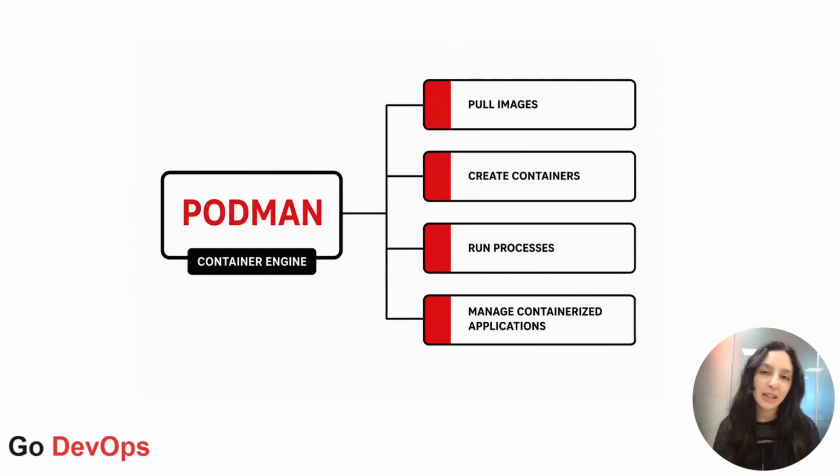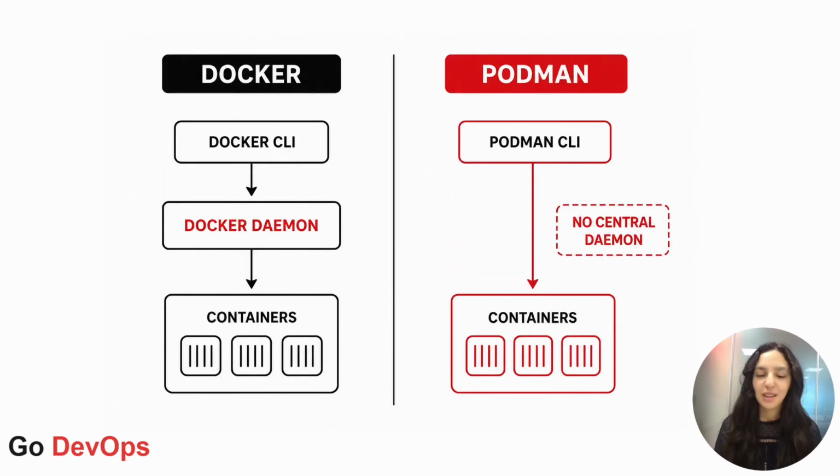Now, before running our first container, let's quickly understand what Podman actually is. So Podman is a container engine. Its job is to pull images, create containers, run processes, and manage containerized applications on your machine. One important thing about Podman is that it is daemonless.